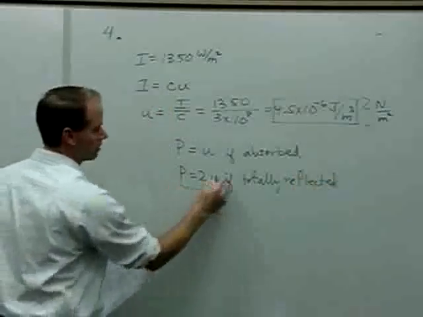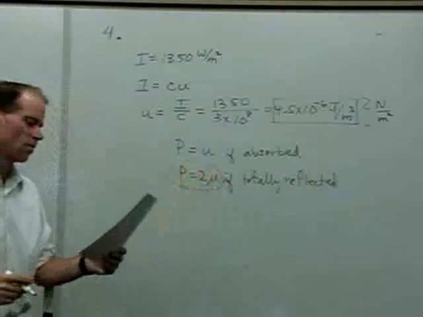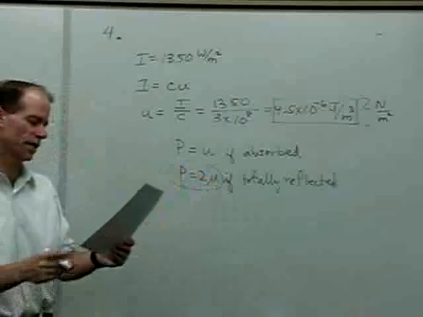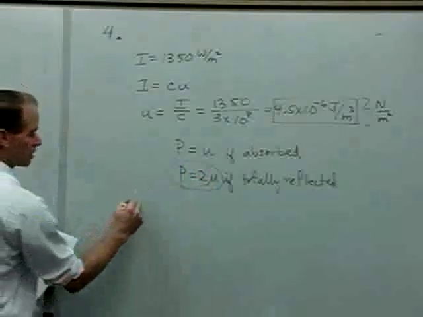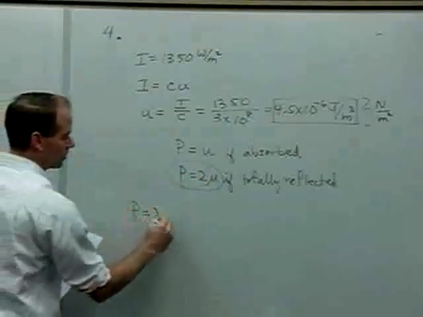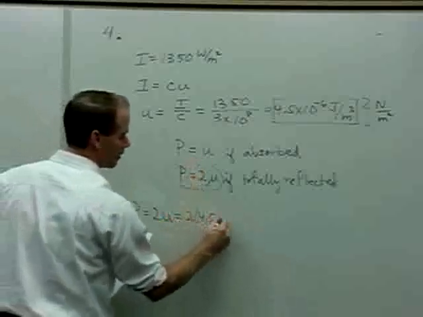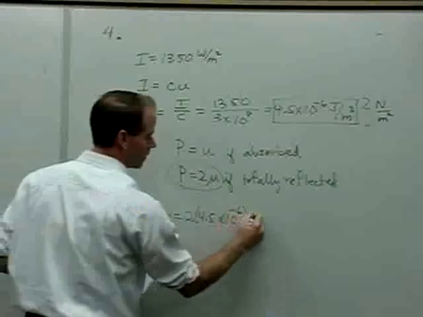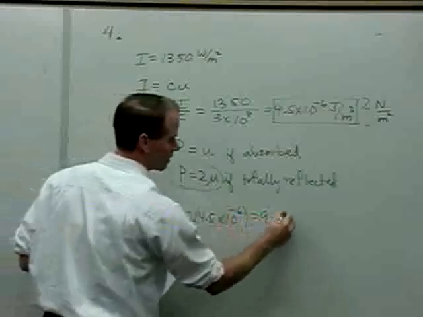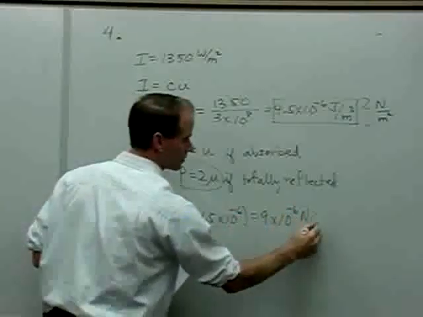In this case, we're going to use this version right here. We have a totally reflecting aluminum sheet, and so our pressure will be 2U, 2 times 4.5 times 10 to the minus 6, which is 9 times 10 to the minus 6 newtons per meter squared.